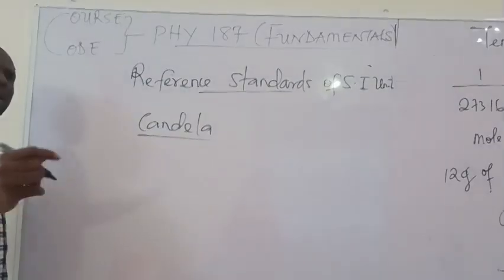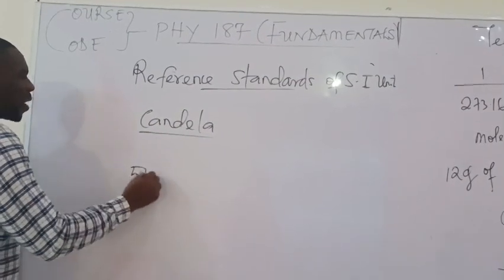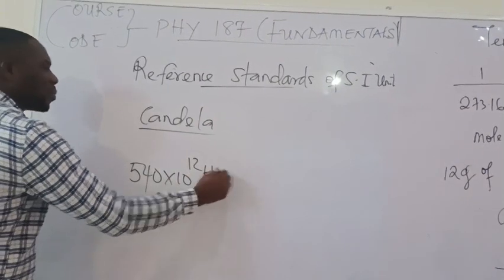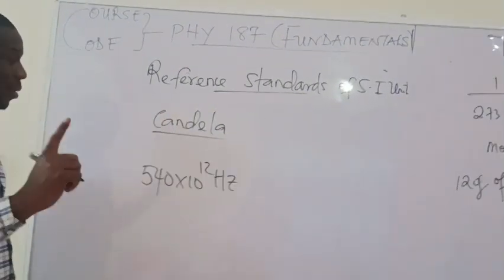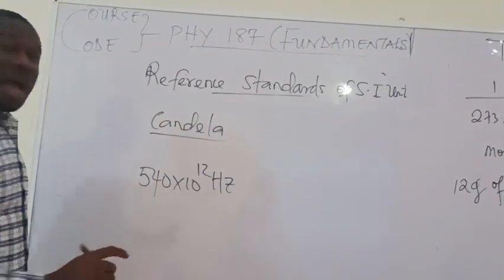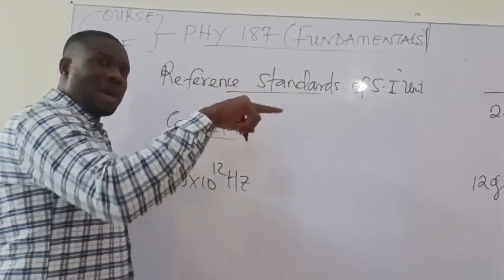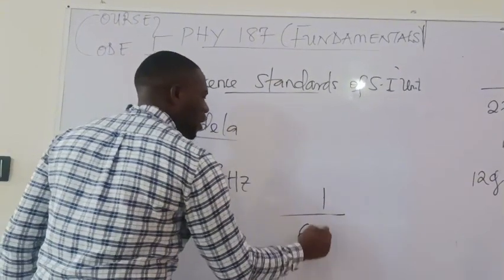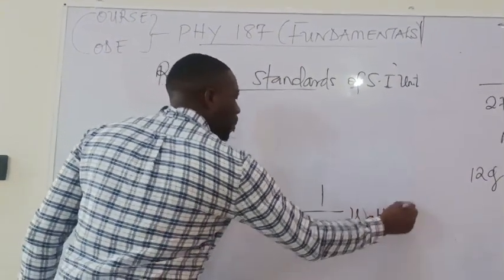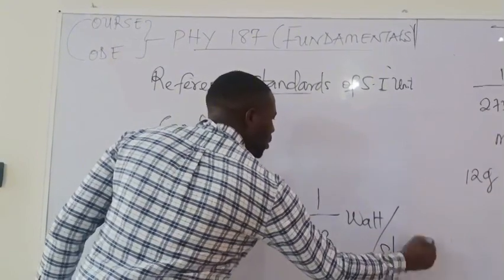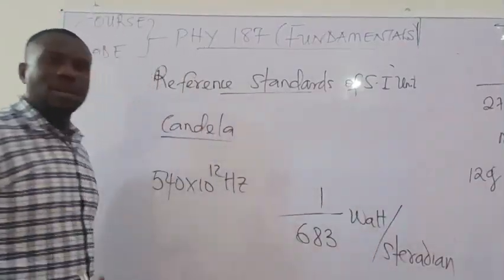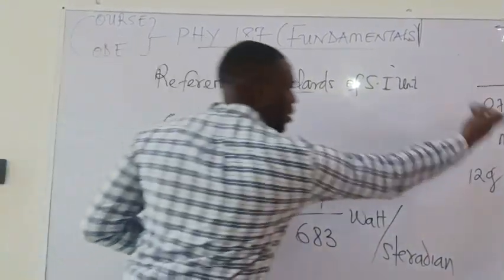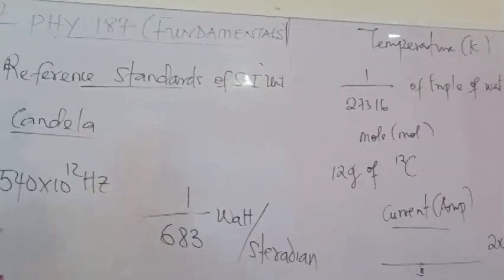If its frequency is exactly 540 terahertz, 540 times 10 to the power 12 hertz, and if in that same direction its intensity is 1/683 watts per steradian, that is exactly the candela. And of course, these standards are quite reproducible and very precise.